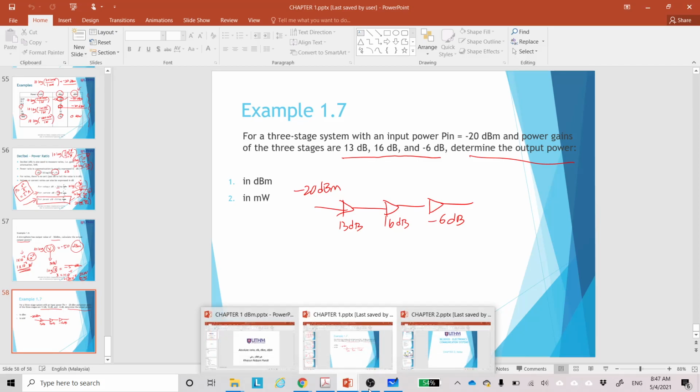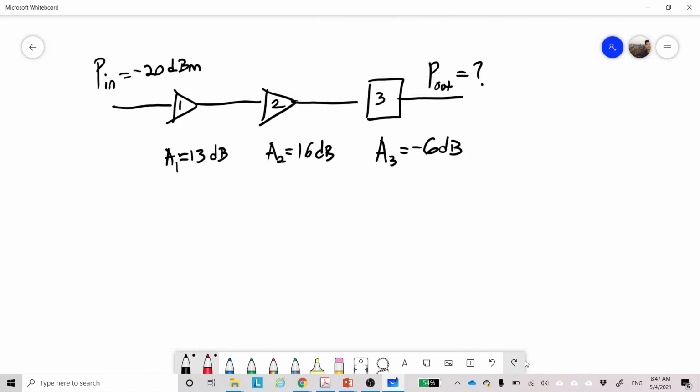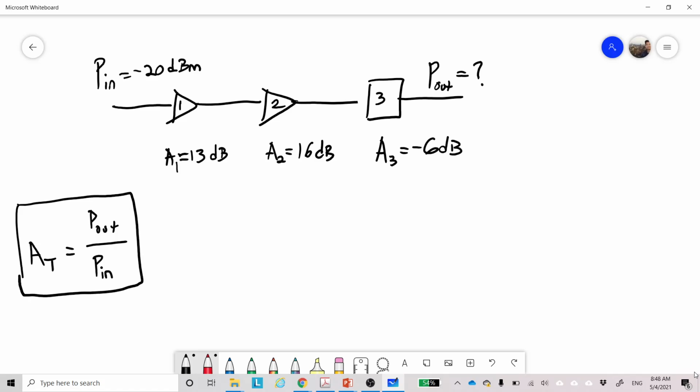So how to do this? If you remember what we have learned previously, A total is equal to P out divided by P in. This is what you have learned in the slides of previous weeks.